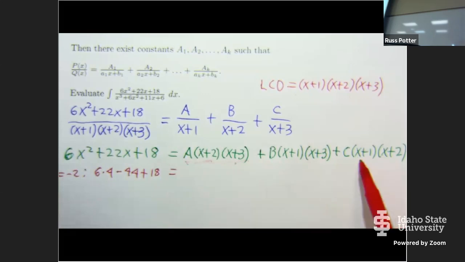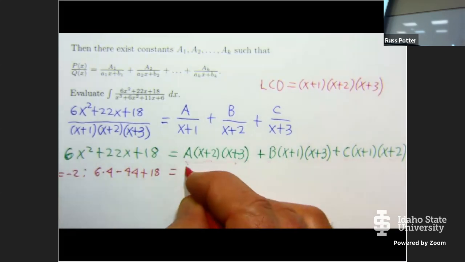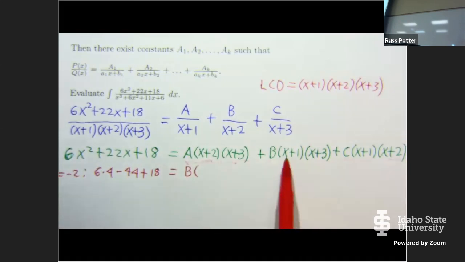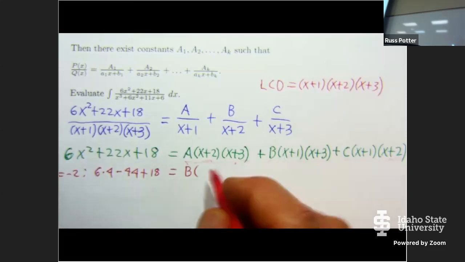The same is true for the factor on the right, since we have a factor of x plus 2. When x is -2, this is all 0. So we only have to pay attention to where the x plus 2 factor is absent. So this is equal to b times, and remember we are replacing x with -2, -2 plus 1 is -1.